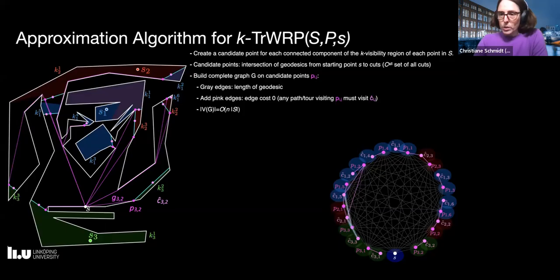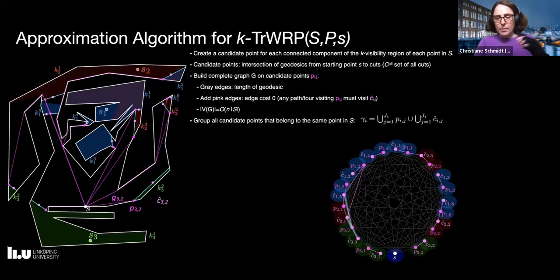And so what do we know? Our graph has order n times s many vertices. And what we then do is we group these. All the representative points that belong to the same point in our discrete set S, so all these that are on some of its cuts, either the dark pink or the light pink ones, form a group.